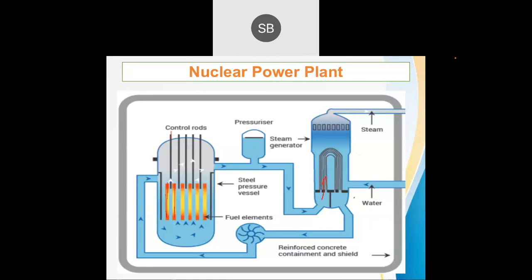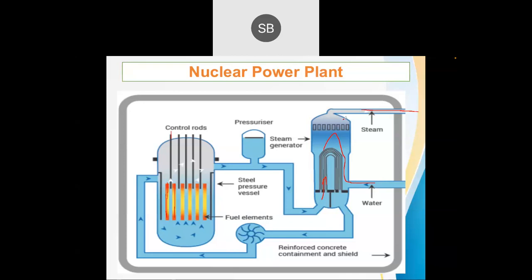Okay, and this water will heat up, then it will travel through the pipelines and through one heat exchanger. Here also there is water. Generally the water which comes in contact with these fuel rods, or whatever water is present inside the nuclear core, is known as heavy water.